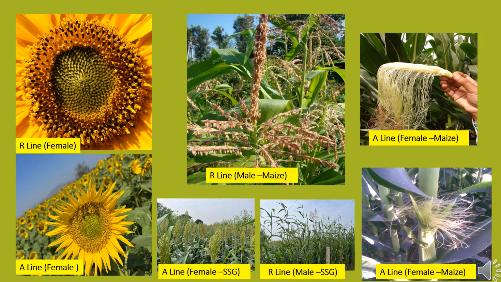In maize, the detasseling process is done to make the female sterile, where the tassels are removed and the pollen grains falling from other tassels pollinate the silk. In the case of sorghum (SSG) also, we have shown the male and R line parents.